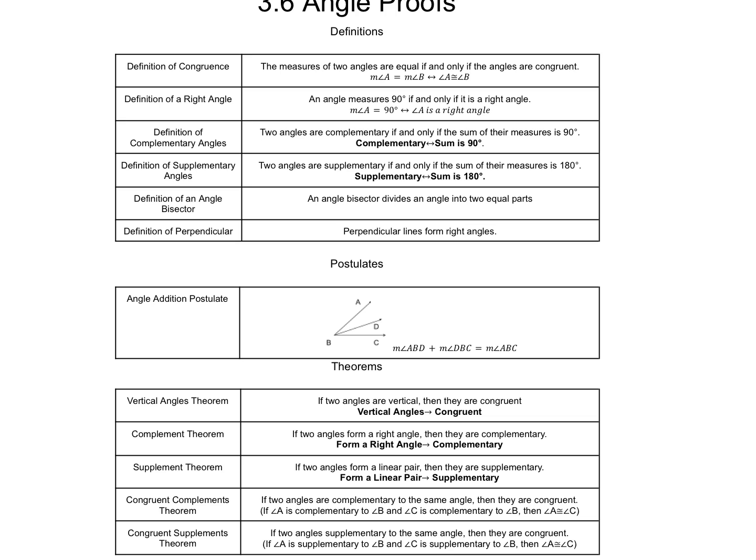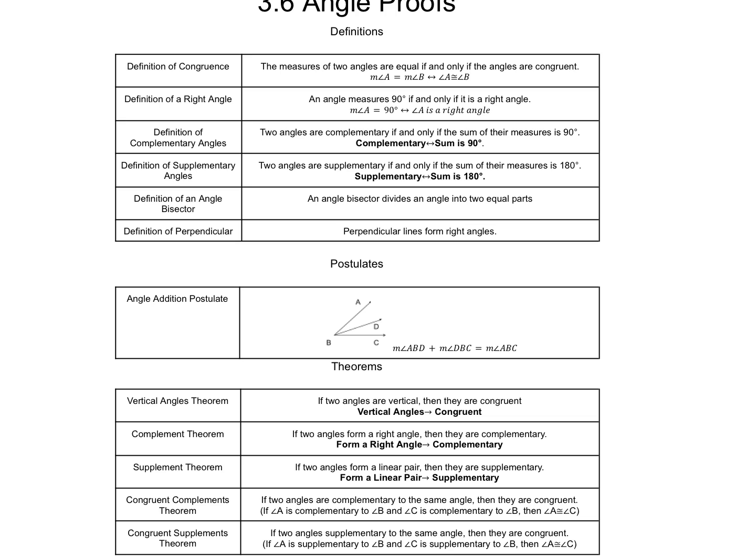That also works with supplementary. Two angles are supplementary if and only if the sum of their measures is exactly 180 degrees. So if I am told that two angles are supplementary, I know that when I add their measures together, they will equal 180 degrees.